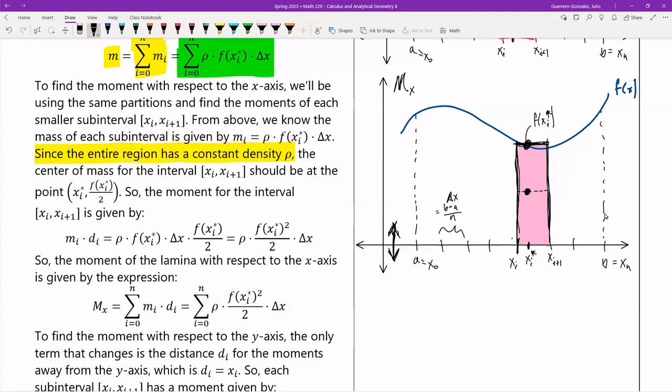That point is given by xi star, comma, f of xi star divided by 2. That is our point there.